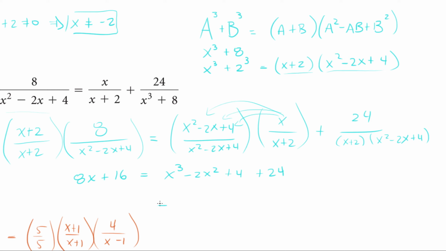From here, we set it equal to 0, so I'm going to move these two to the right side. Now I'm going to have 0 equals x cubed minus 2x squared plus 28 minus 8x minus 16.